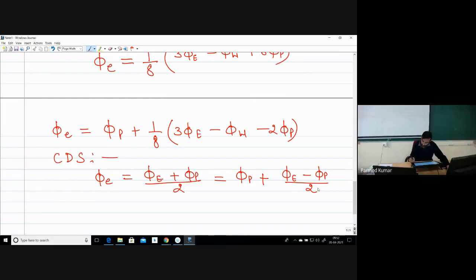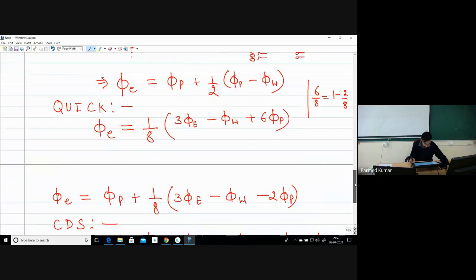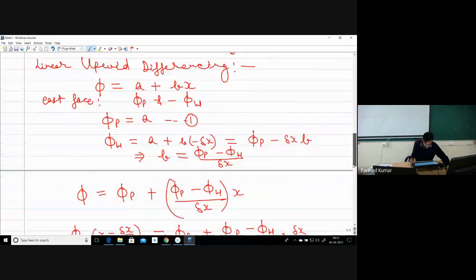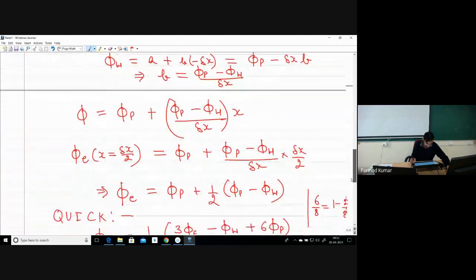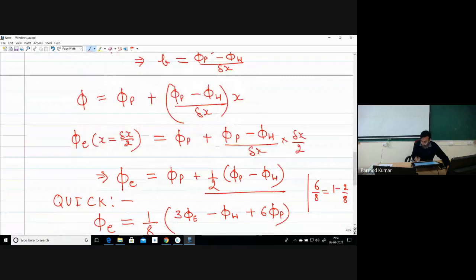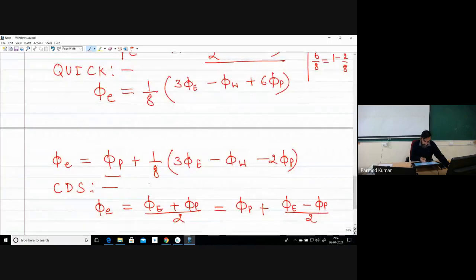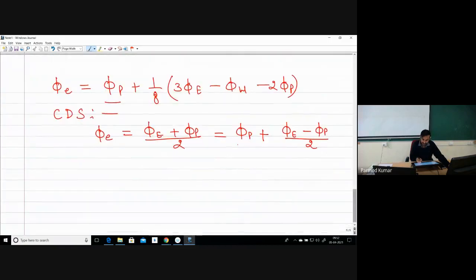From all these different formulations, you can see in the first term we have phi E as phi P, which is piecewise upwind differencing. Then in linear upwind differencing, we find phi E as phi P plus some quantity. Similarly in the QUICK scheme, phi P plus some quantity, and in central difference also phi P plus some quantity.